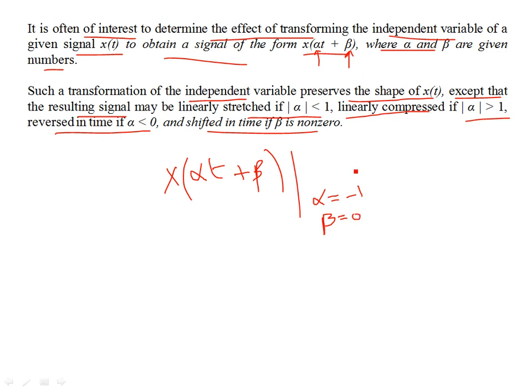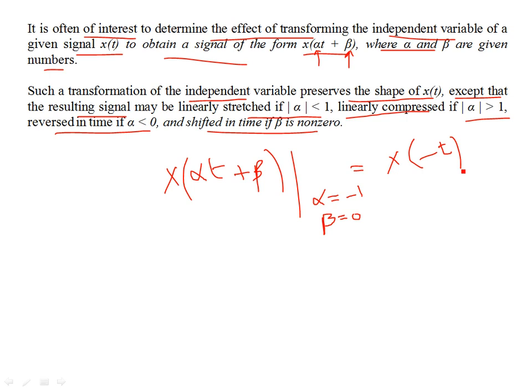This implies simply the time reversal. The signal is simply flipped around the vertical axis. Or if you have a piece of the recorded data, it is simply being played in a reverse manner.